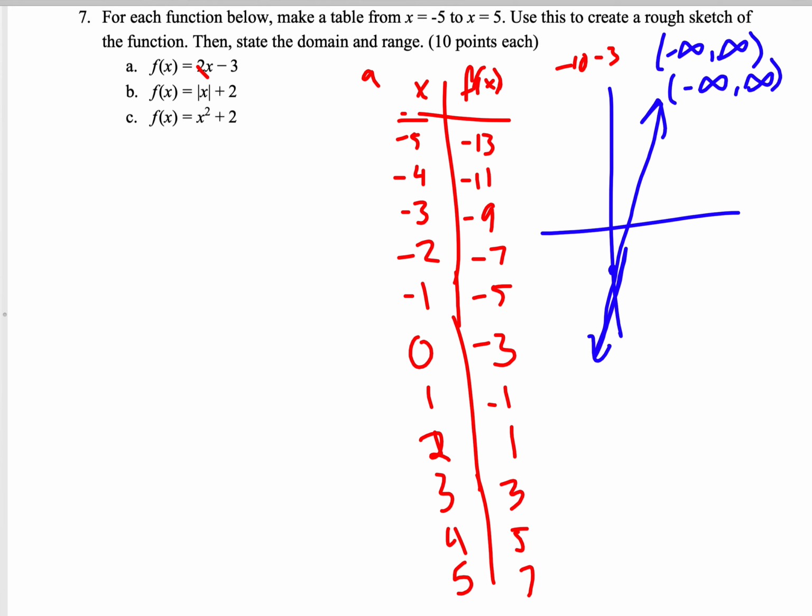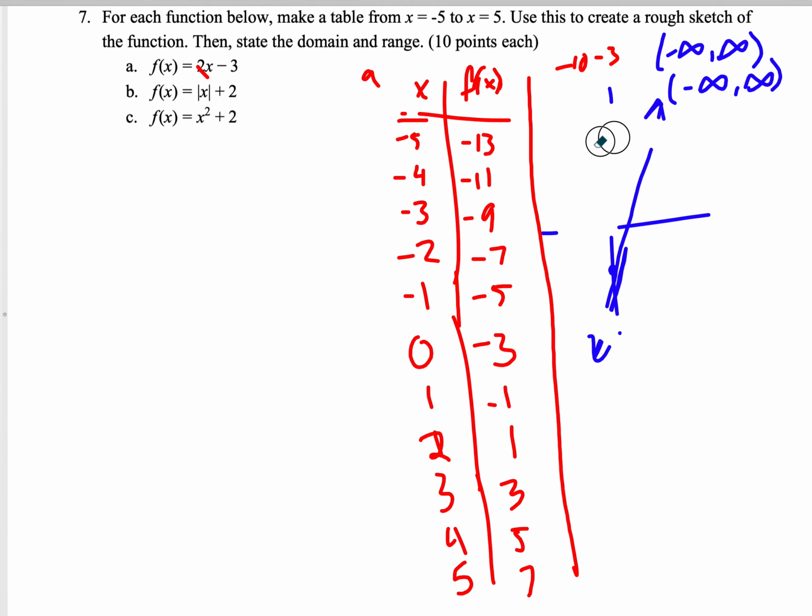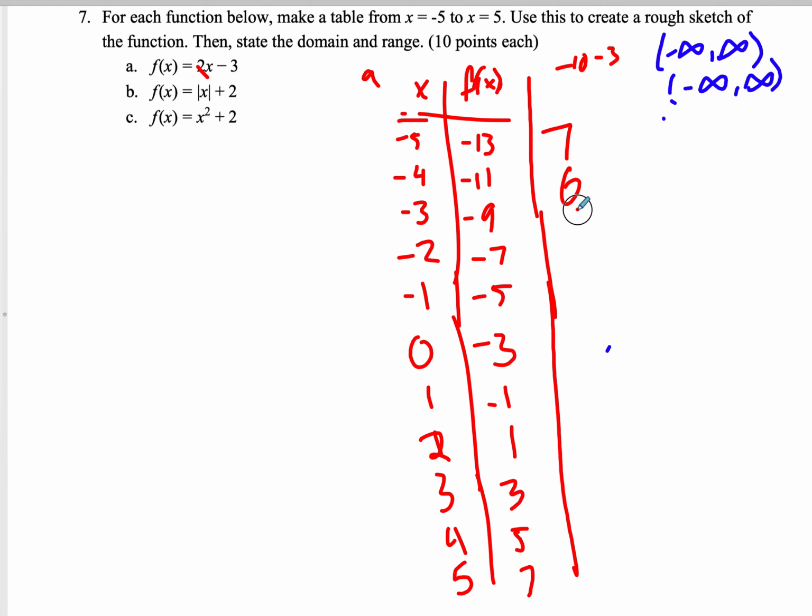Okay, you're going to see a similar thing with the absolute value of x plus 2. I'm just going to erase this graph. All right, the next one, you plug in -5, you get 7. Plug in -4, you get 6, 5, 4, 3, 2, 3, 4, 5, 6, 7.